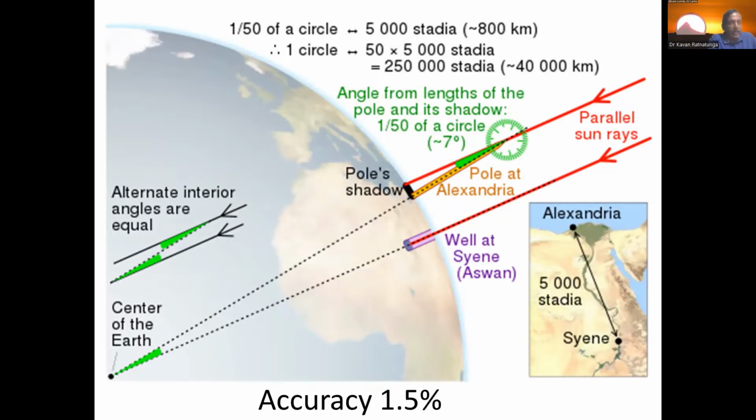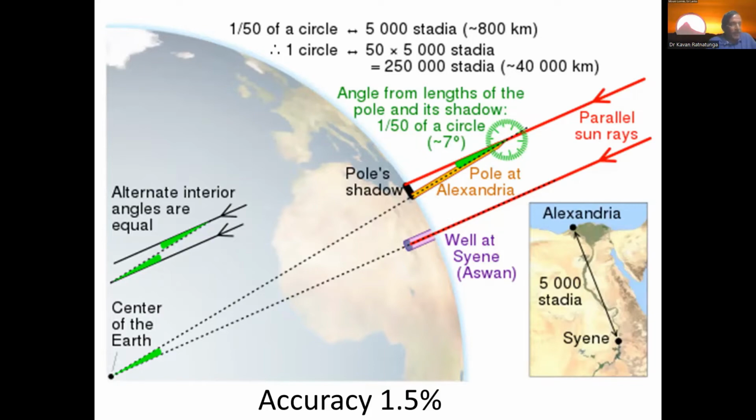From that, he managed to compute the circumference of the earth to 1.5%. That's amazing to have been done in 240 BC, which is actually the era of the Buddha's time, to have measured the circumference of the earth to an accuracy of 1.5%. So people in ancient times knew how to use logic to do computations and arrive at the correct answer.